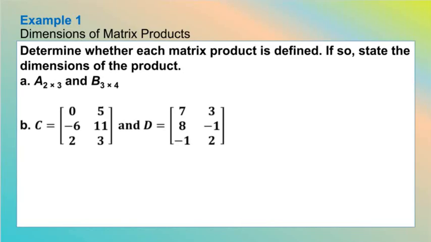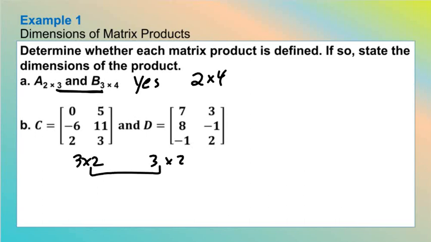So let's take a look at an example here. Determine whether each matrix product is defined. If so, state the dimensions of the product. Here I have a 2 by 3 times a 3 by 4. The middle numbers are the same, so yes, and the dimensions would be a 2 by 4. This one is a 3 by 2 and this one's a 3 by 2.